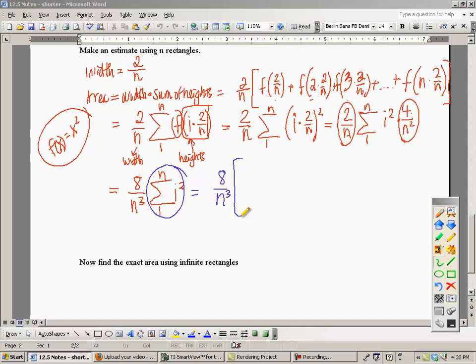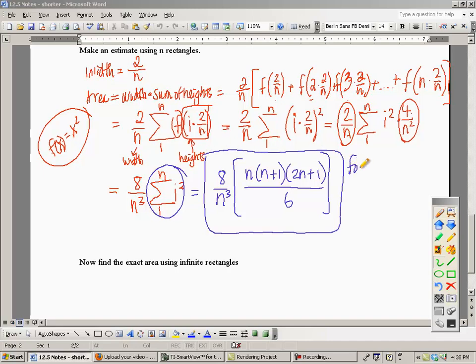Now if I look at the formula for the sum of i squared, what you get is n times n plus 1 times 2n plus 1, all over 6. And so this is the formula to find the area of n rectangles for y equals x squared from 0 to 2. Okay? And this is the formula that we just found for our function.